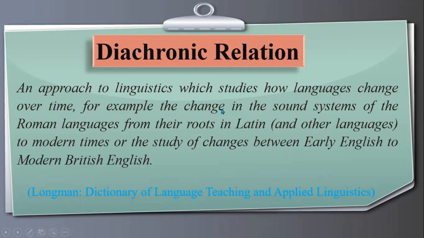For example, the change in the sound systems of Romance languages from their roots in Latin and other languages to modern times, or the study of changes between early English and modern British English. So this is a major example of diachronic relation.